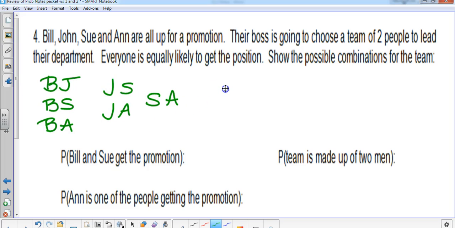No. If you read the question, which I should have done first, their boss is going to pick a team of 2 people. So does it matter who's picked first? No. Sue and Ann and Sue are the same pair of people, so we don't need to list them again. So what is the probability that Bill and Sue get the promotion?